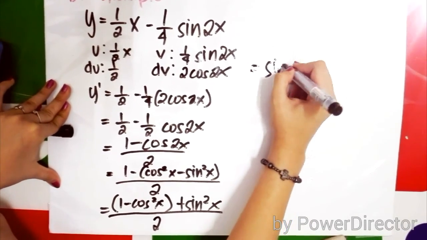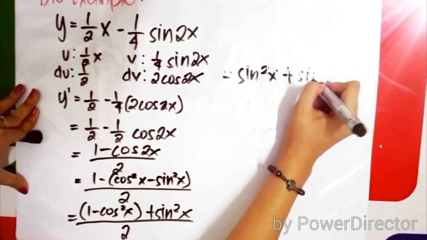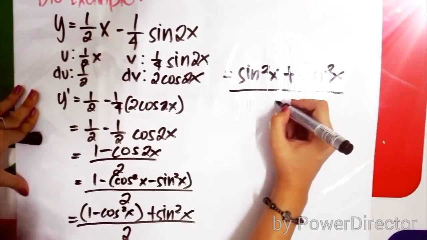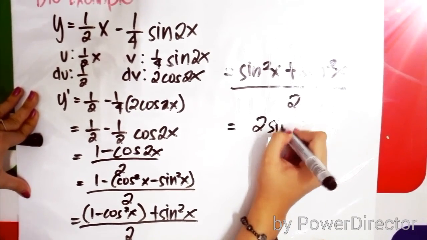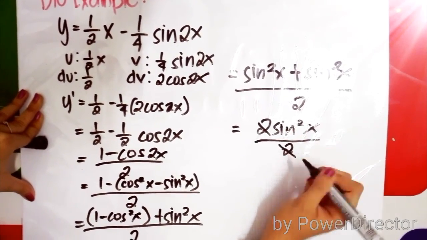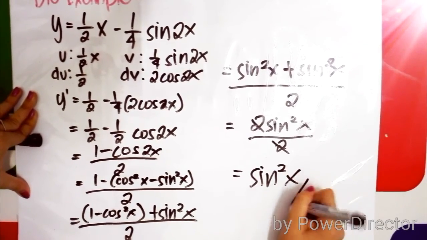Next, we'll have sine squared x plus sine squared x over 2. Next, we'll have 2 sine squared x over 2, cancel 2, and we'll have sine squared x as the final answer.